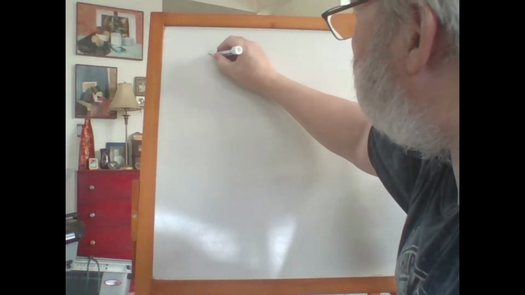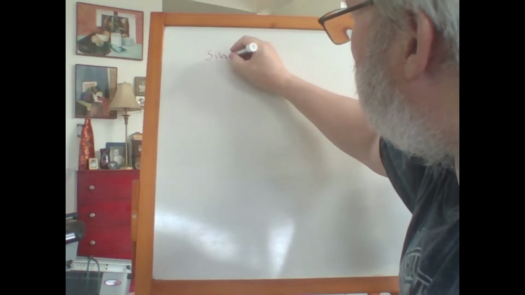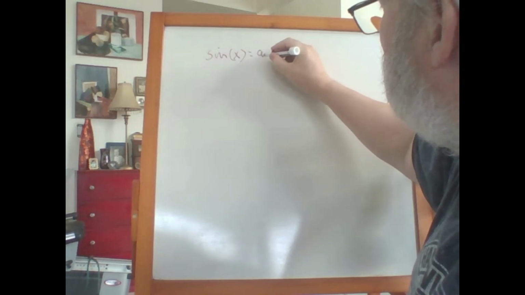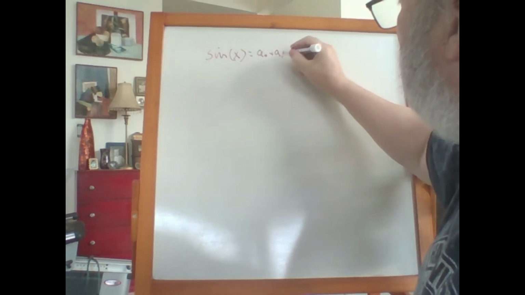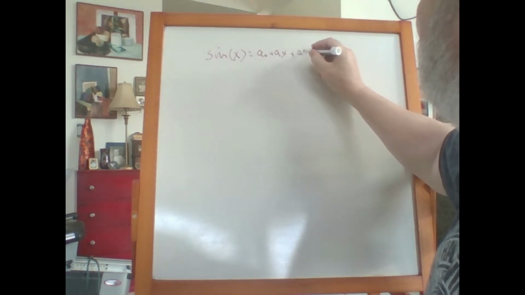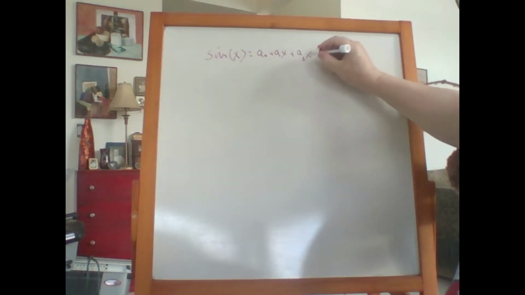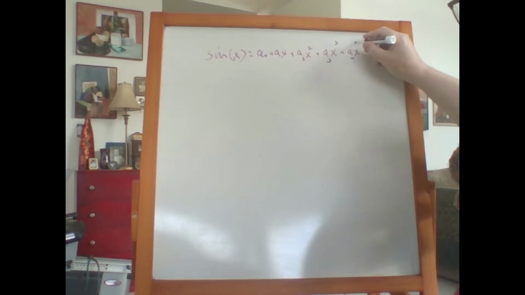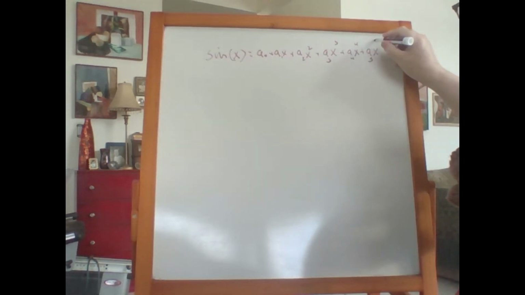So we're going to say sine of x is equal to a naught plus a1x plus a2x squared plus a3x to the third plus a4x to the fourth plus a5x to the fifth.